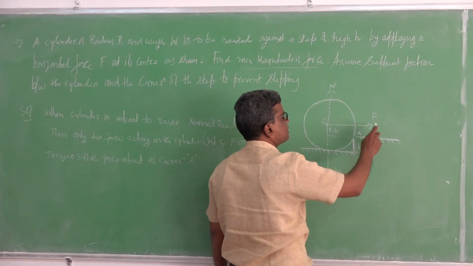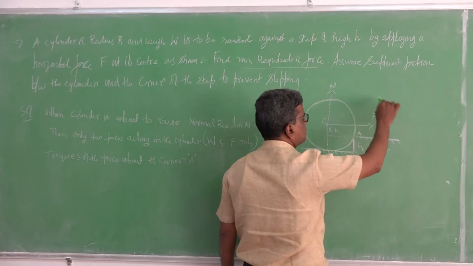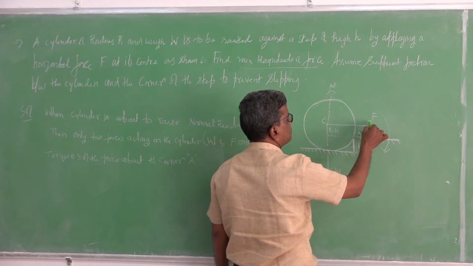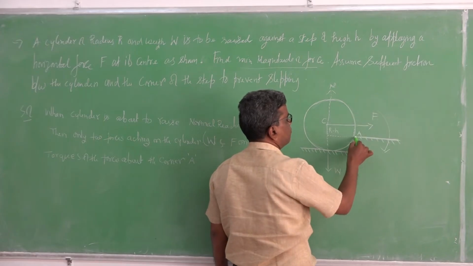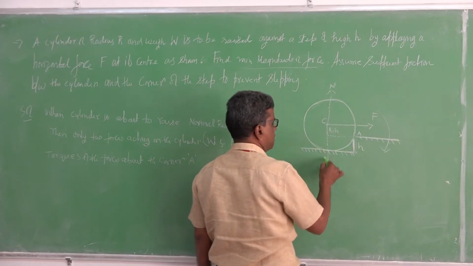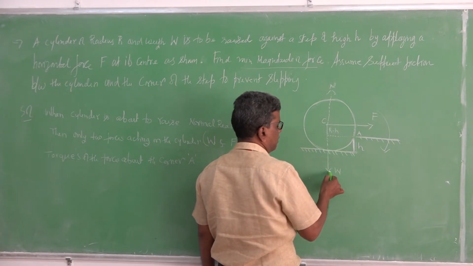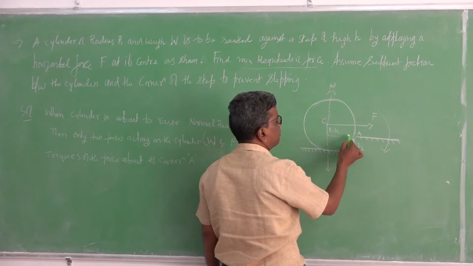This force produces a clockwise torque about this point. The torque of the normal reaction becomes 0, and then the torque of W about this point is W times its perpendicular distance.